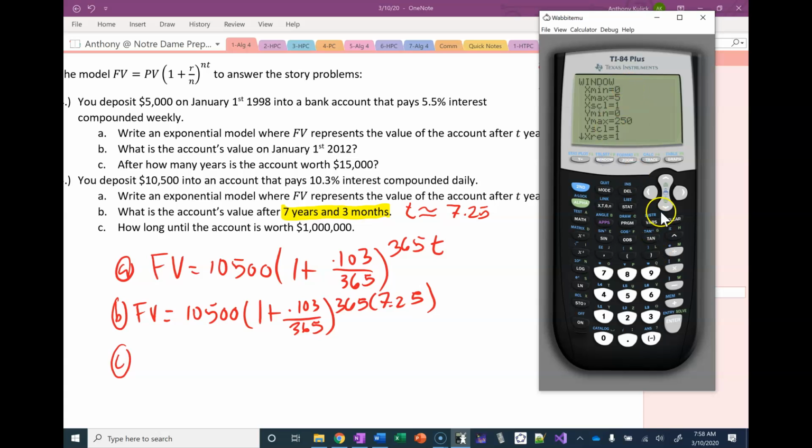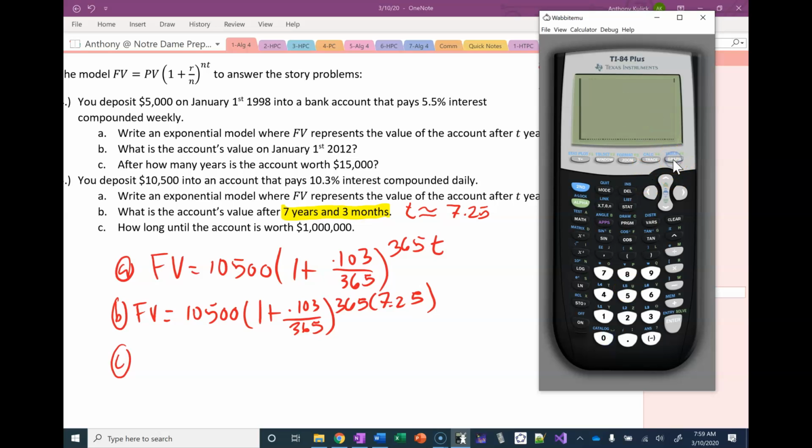For my window, it's probably going to take a while to get that thing worth $1 million. I'm just going to guess 50. And then my minimum was the starting amount. And my maximum needs to be bigger than $1 million. So I'm going to pick 1.5 million.